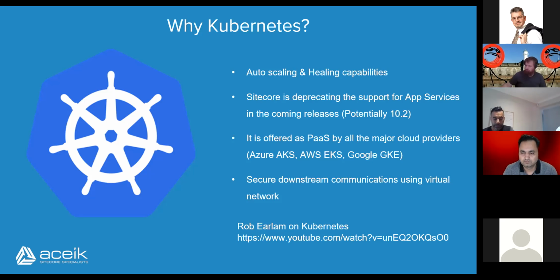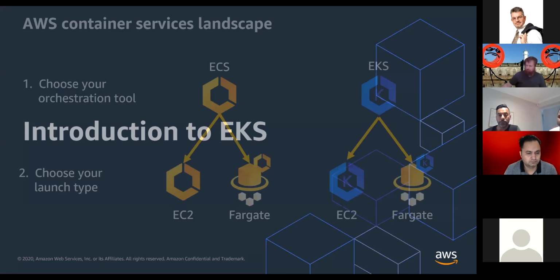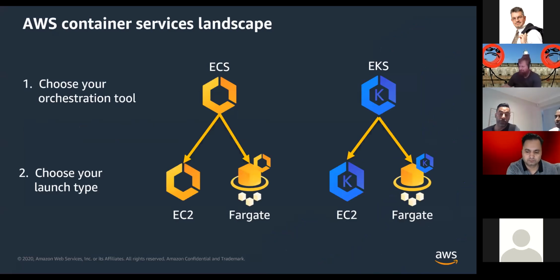Hello, everyone. Let's quickly talk about our container service, EKS, which stands for Elastic Kubernetes Service, the managed service for Kubernetes on AWS. The container landscape at AWS looks like what you see on the slide.